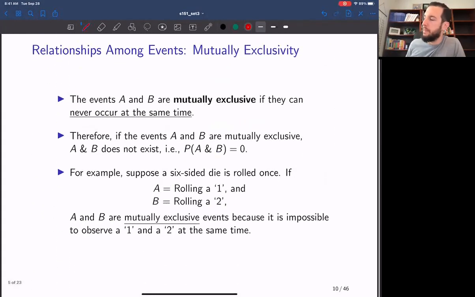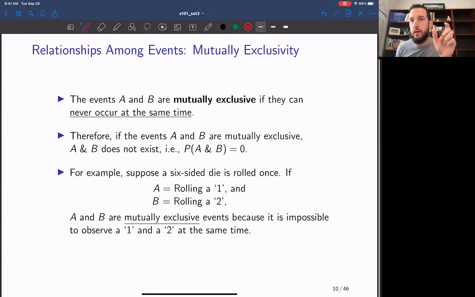All right. When 2 events have no intersection, so when A and B has nothing inside its list, or the probability of A and B is equal to 0, we say that those events are mutually exclusive. Okay.